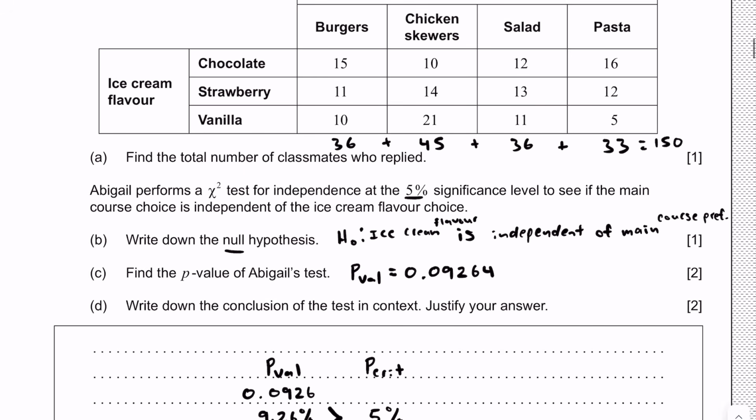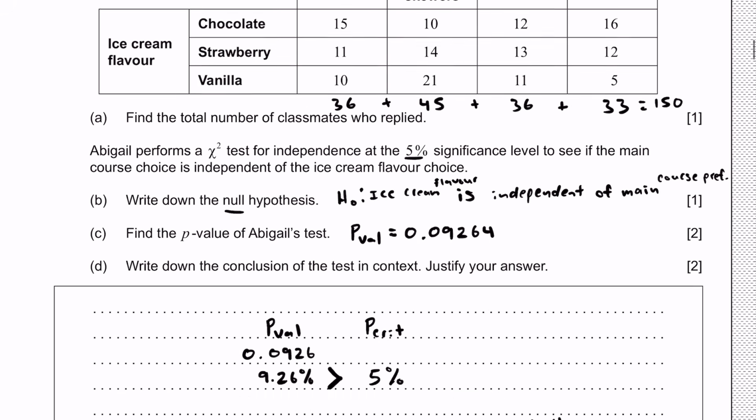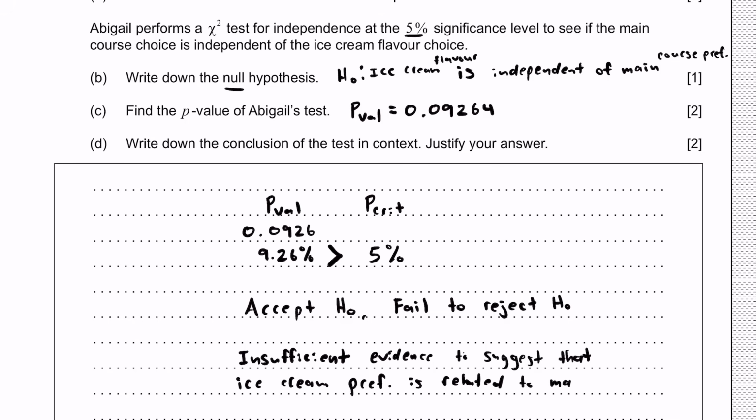All right. So what does that mean? It means that, looking at our null hypothesis, ice cream flavor is independent of the main course, or to put it more in statistical context, we could say that there is insufficient evidence to support the idea that ice cream flavor is related to main course preference. So I think let's write that. There is insufficient evidence to suggest that ice cream preference is related to main course preference.